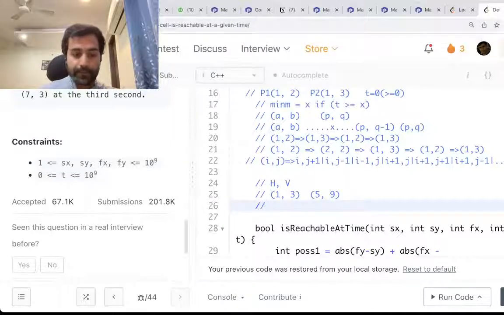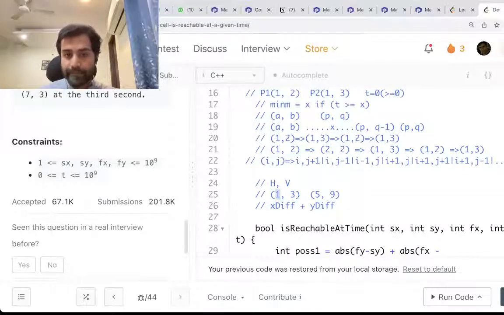So basically the answer would always have been x difference plus y difference. x difference implies how much gap there is along the x-axis. It is 5 minus 1, which is 4 units. And how much gap is there along the y-axis? It is 9 minus 3, which is 6.